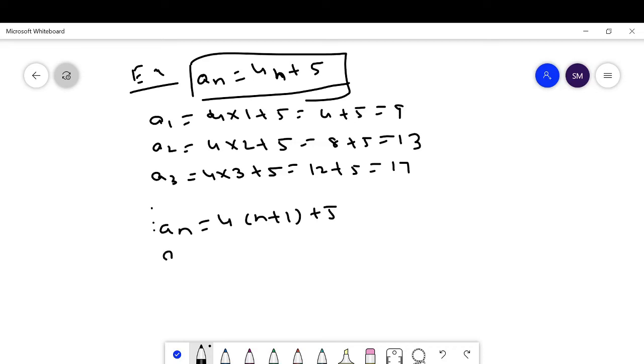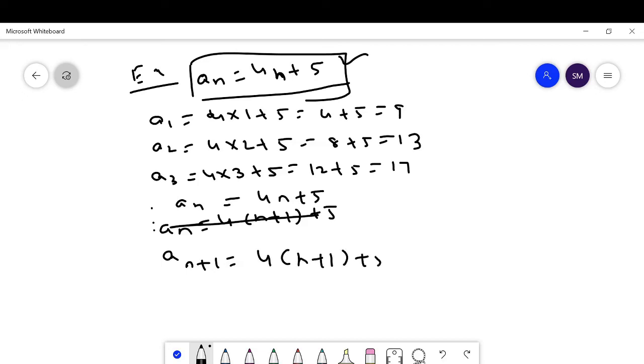The nth term is 4n plus 5. The n plus 1th term is 4 into n plus 1, plus 5.